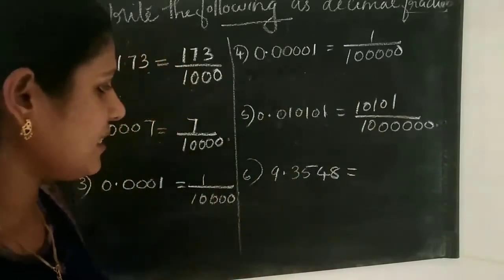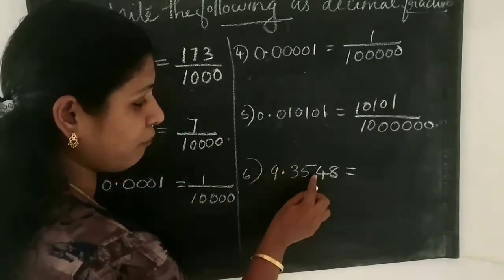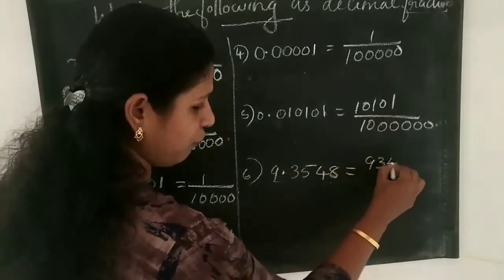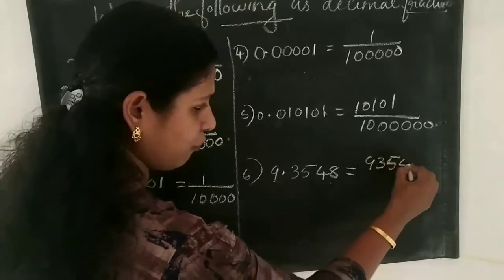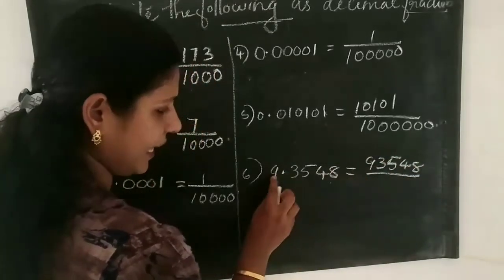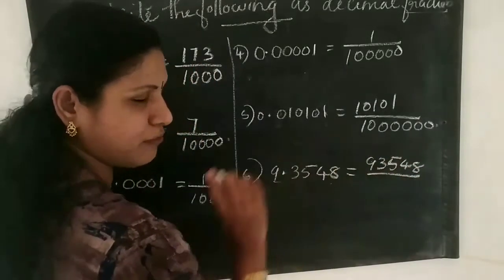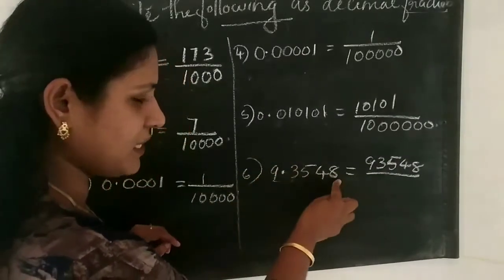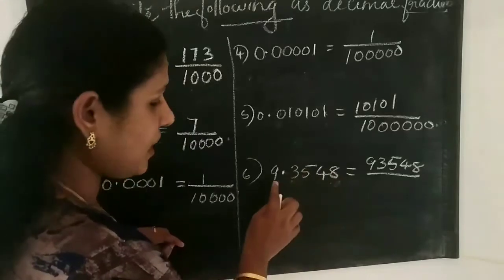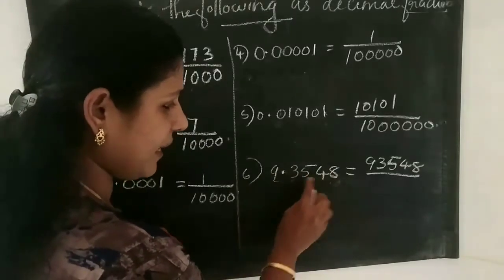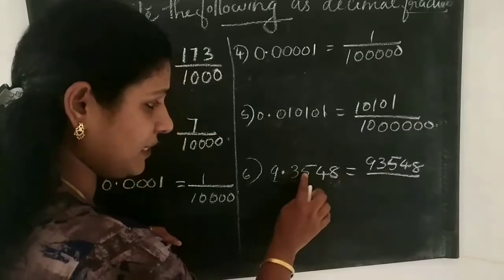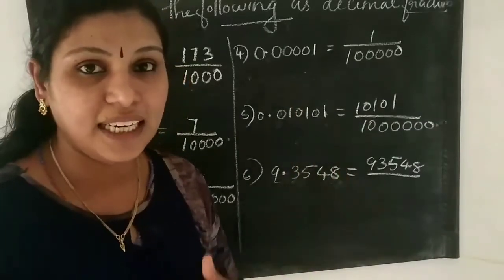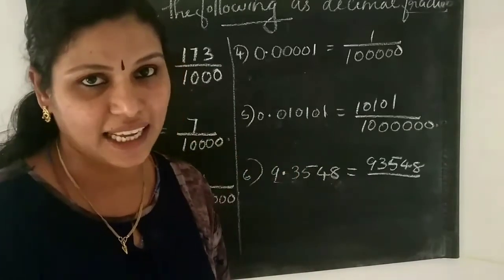The next is here, 9.3548. So we write the number first, that is 93548. Then count the place value from the right side of the point. This is the whole number part, and this is the decimal part, the place value chart of which we will study in the next class.